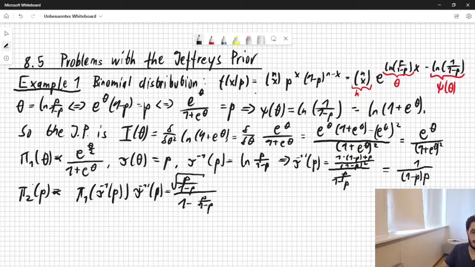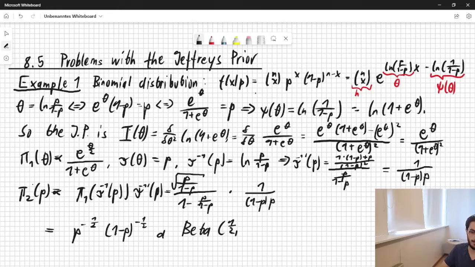So here I just plug this in and now I multiply with the derivative 1 over 1 minus p times p. And this just solves itself and we get p to the power of minus 1/2 times 1 minus p to the power of minus 1/2, which is a beta distribution with parameters 1/2 and 1/2.